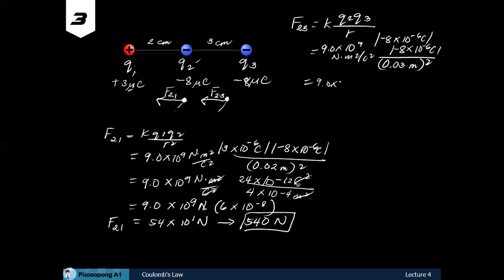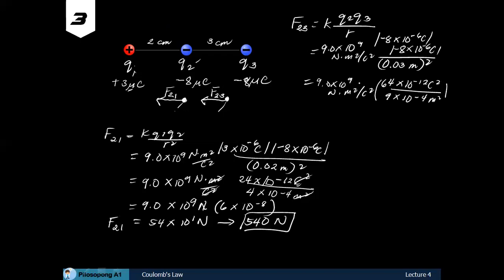And we get 9.0 times 10 raised to 9 newton meter squared per coulomb squared. Negative 8 times negative 8, so we take the absolute value, we have 64 times 10 raised to negative 12 coulomb squared over 9 times 10 raised to negative 4 meters squared.